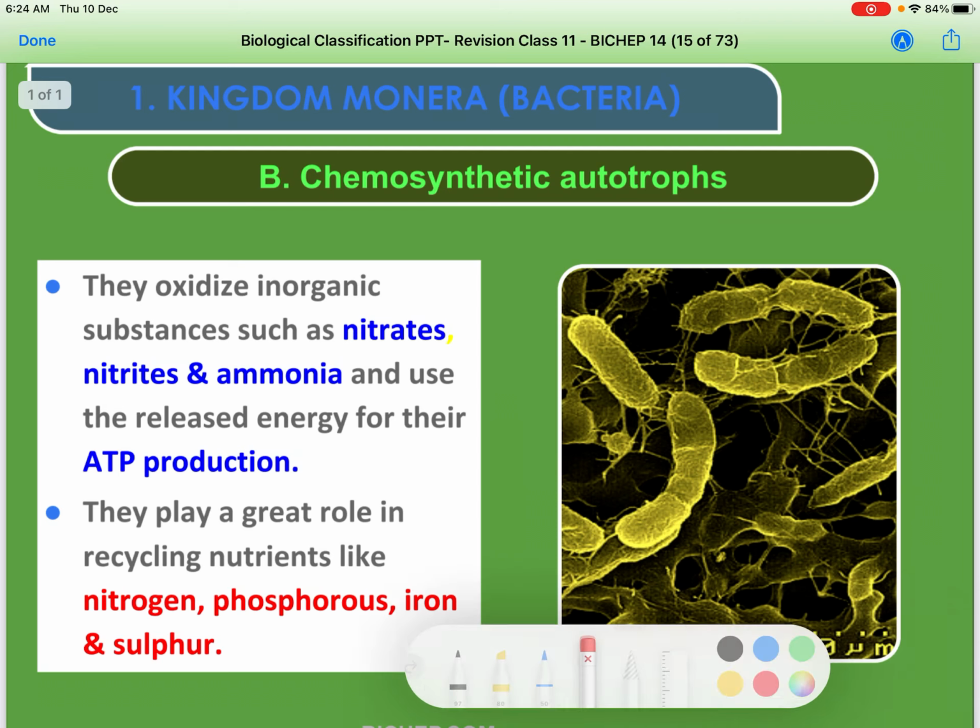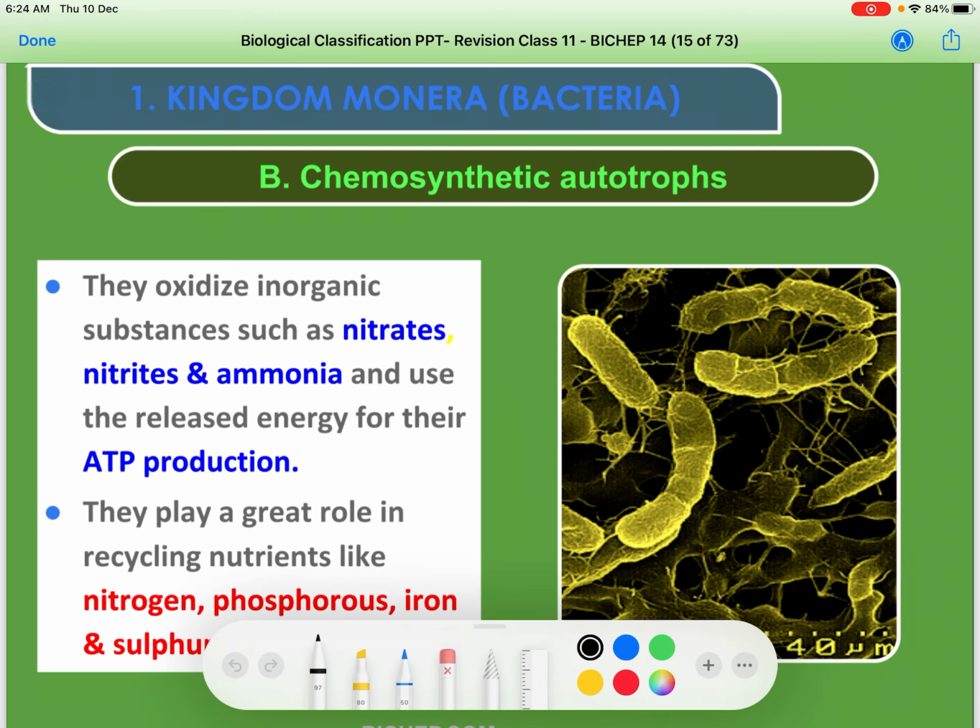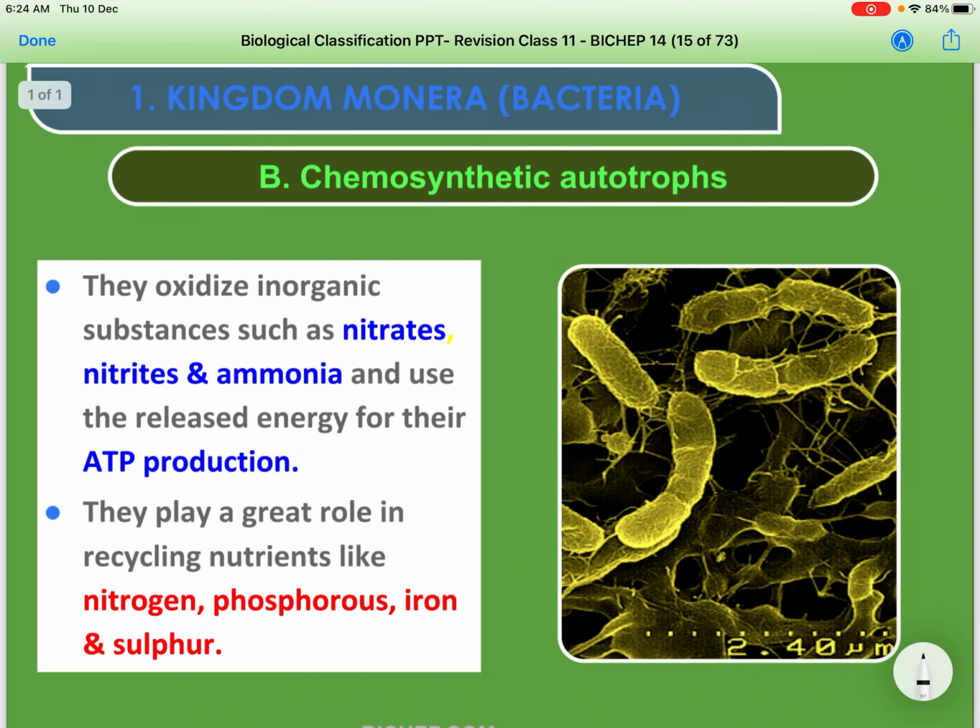Now second is chemosynthetic bacteria. Now as the name is indicating, chemo, that is chemical, so they utilize various types of chemical substances from their surrounding and they synthesize their own food. So chemosynthetic autotrophs are oxidizing a few inorganic substrates, for example nitrates, nitrites or ammonia.